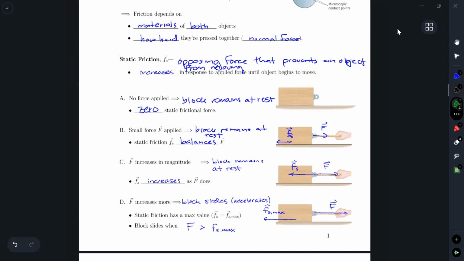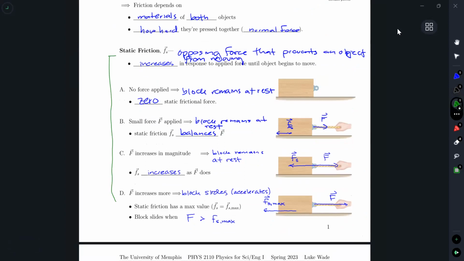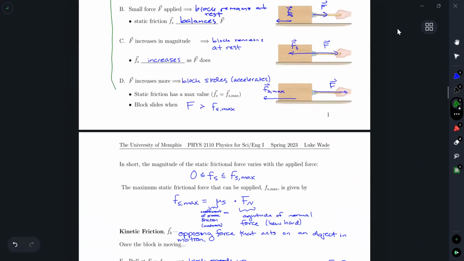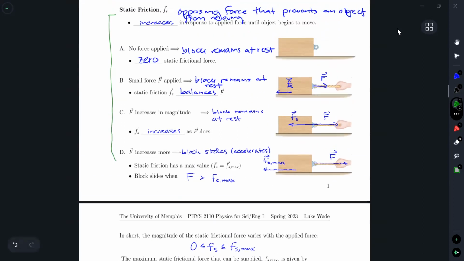What will be helpful is understanding this trend, because static friction is the one that really gets messed up the most. People see static friction and jump straight to this equation, even though that one only applies for the maximum possible static friction. That's when you're told something's on the verge of slipping, or if pulled any harder, it will start sliding, things like that.